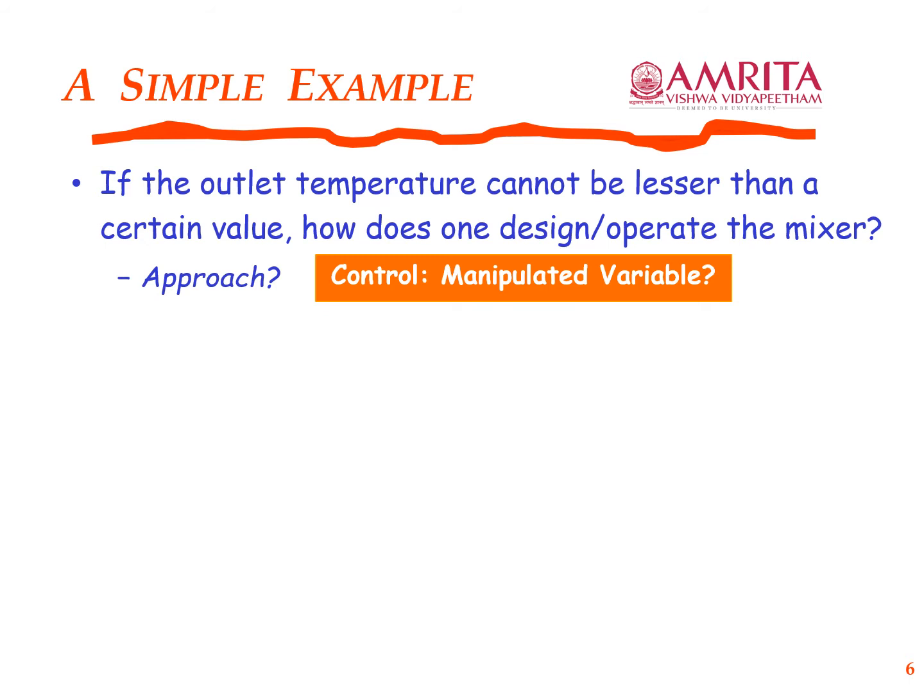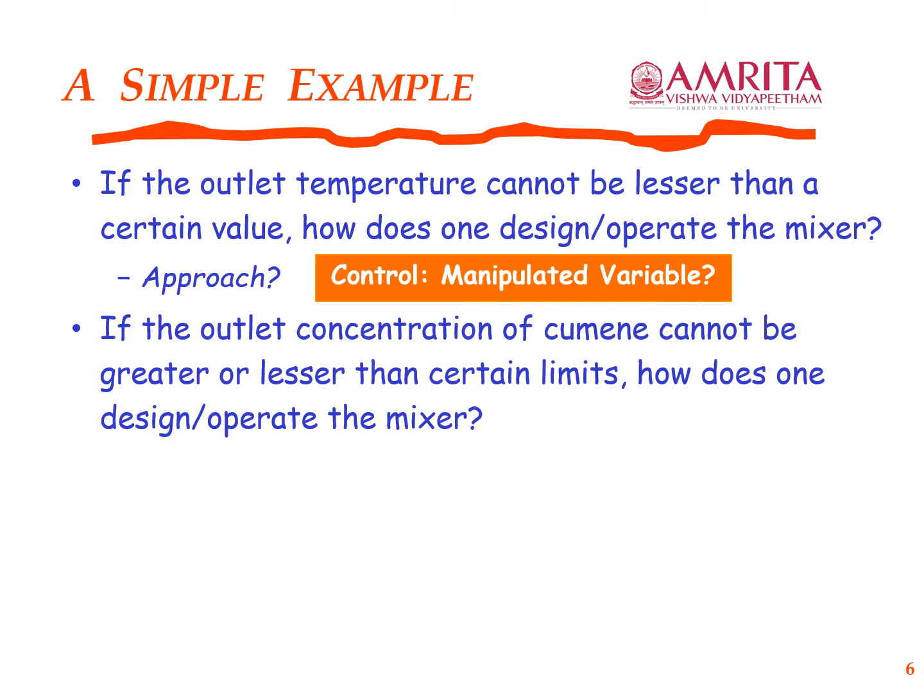So typically, your fresh feed stream is likely to be the manipulated variable. This basically means you're going to change that inlet temperature from 220 degrees Celsius to whatever it has to be so that the outlet temperature is not lesser than a certain desired value.